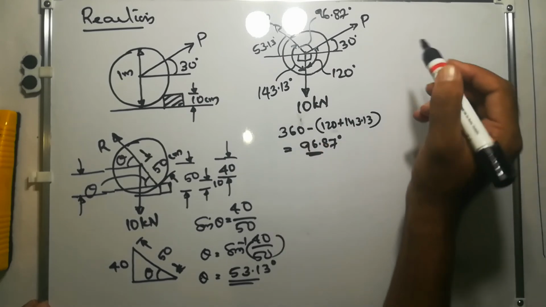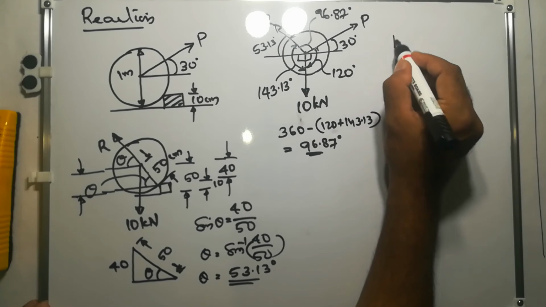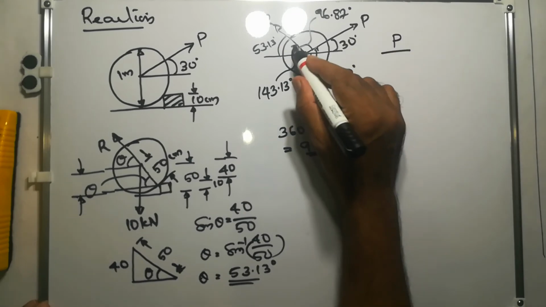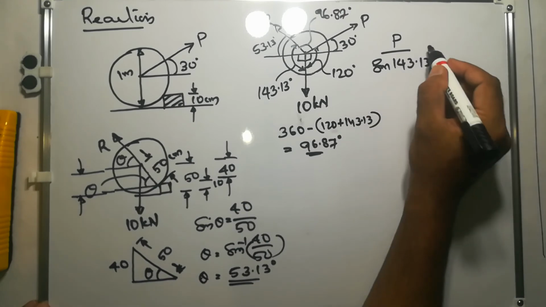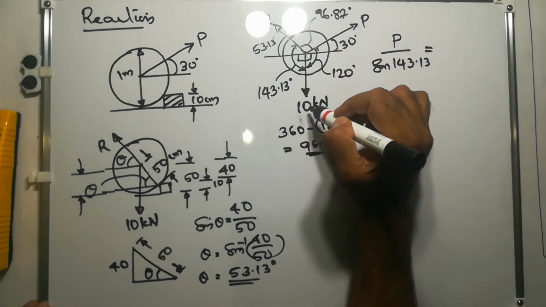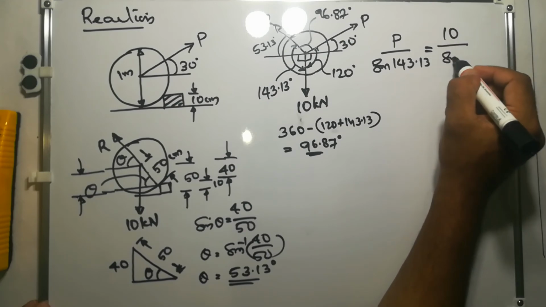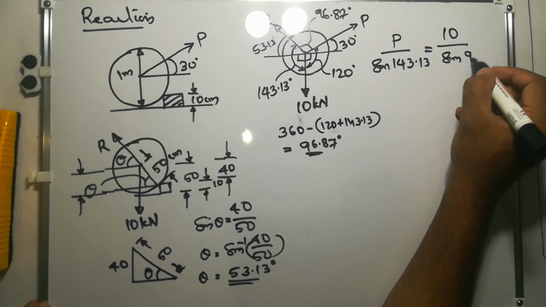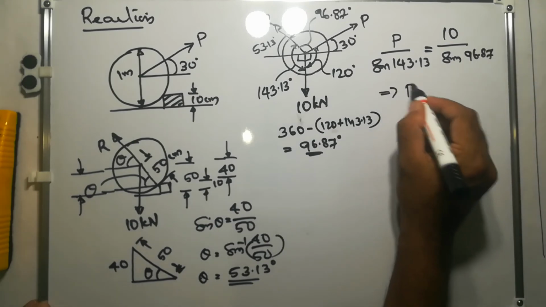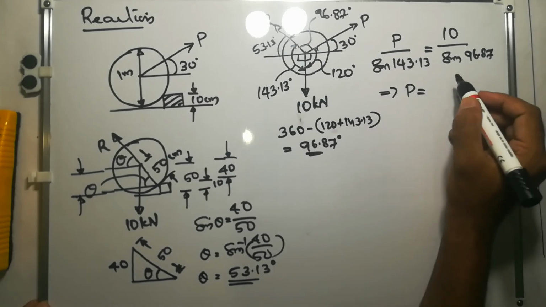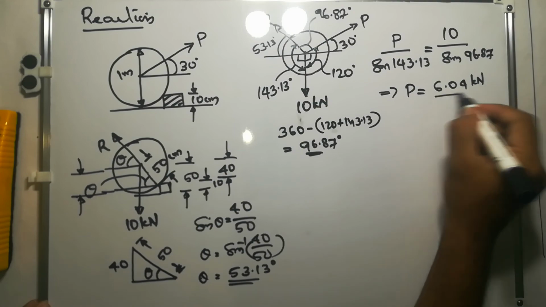Now applying Lami's theorem, how can we apply? P divided by sine of the corresponding angle 143.13 is equal to 10 divided by sine 96.87, and from this we will get P equal to 6.04 kilonewton.